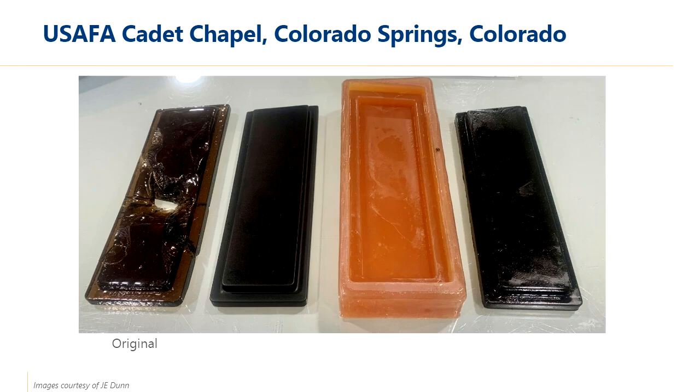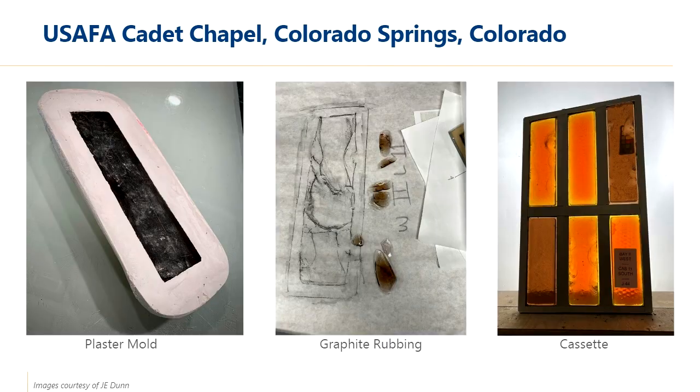Making that happen meant 3D scanning the original block. From there, a replica was 3D printed so that a rubber mold could be made. The rubber mold was then used to cast a wax copy of the original dalle de verre piece. The wax replica became the source for creating a plaster mold for casting the molten glass.